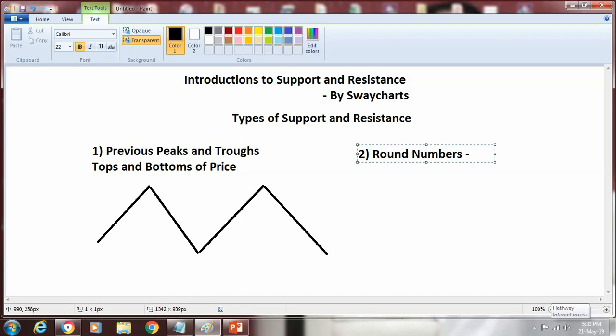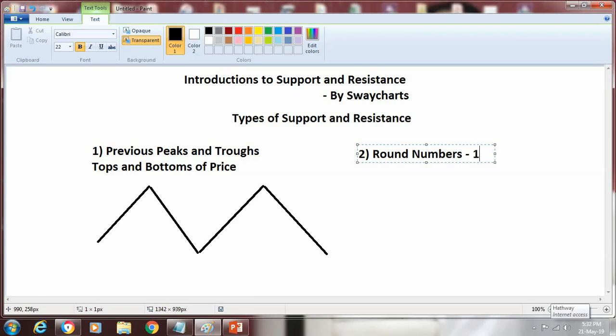For example, if I ask you to buy something at around 145, the first target you might think about for selling that stock would be around 175, 200, 250. So that's what we keep thinking about, a round number, right?